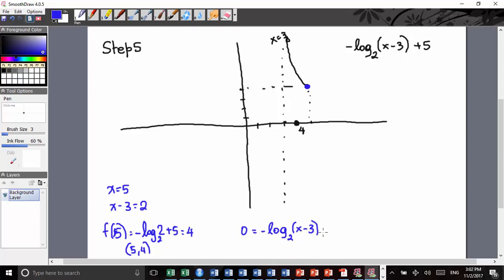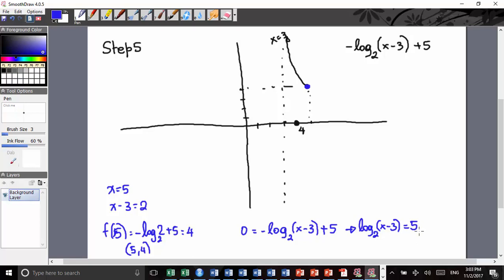The equation that I have is this. So I want to set this equal to 0 to find the x. In order to do that, I need to pass my logarithm to the other side, and I have log with base 2 of x minus 3 equals 5. And I need to solve this equation.